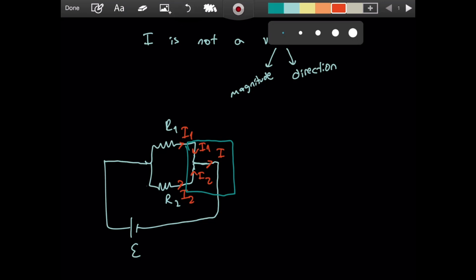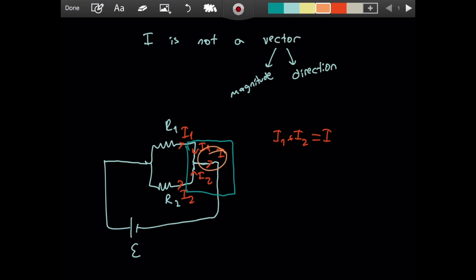Because we know that when we add I1 and I2, we will get I, which is to the right. Even though they are opposite in direction, as we can see here, we still add them, and the result is not in the vertical direction, it's actually in the horizontal direction, okay?